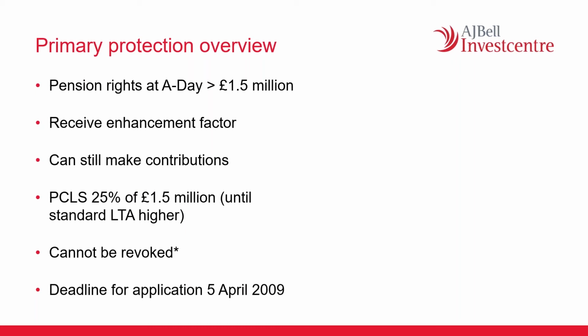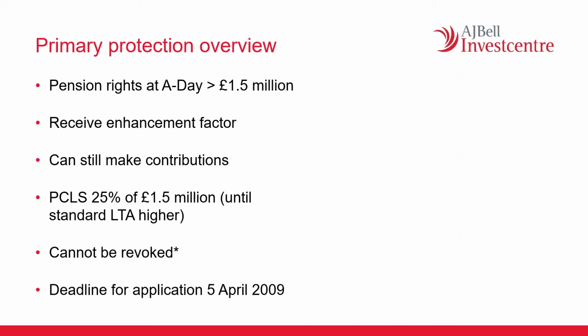So for primary protection, you had to have pension rights at A-day, technically the day before, 5th of April 2006, of at least £1.5 million, which was the level of the lifetime allowance when it was introduced. You received an enhancement factor to your personal lifetime allowance, depending on the amount of savings you had above the standard 1.5 million.